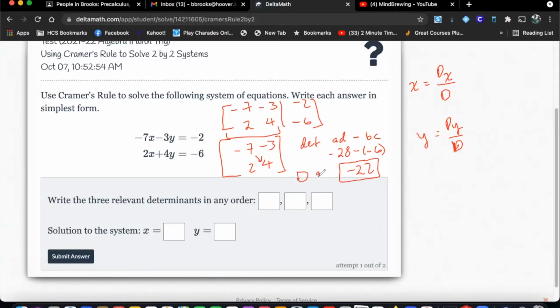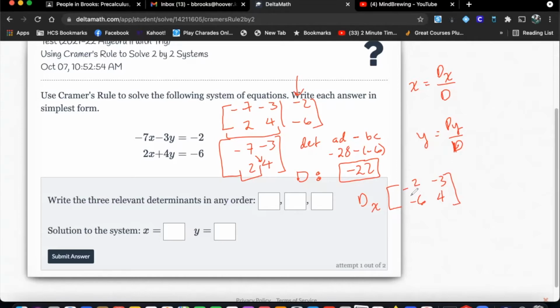Now, D in terms of X, actually, we changed the matrix. So what we're going to do is take the X column and replace it with our target. So you end up with -2, -6. Let's see, -3, 4. Okay.